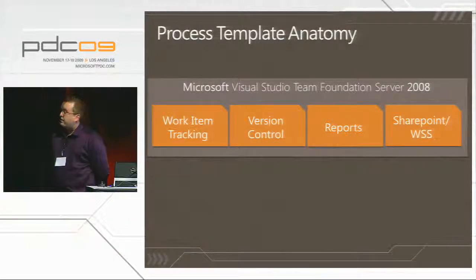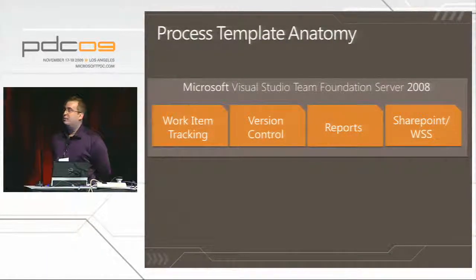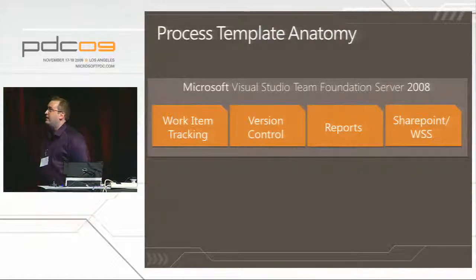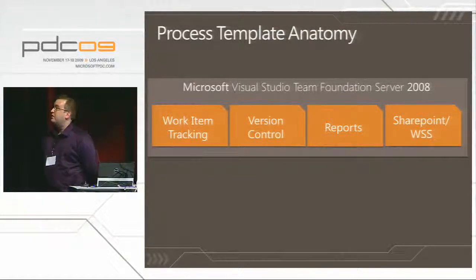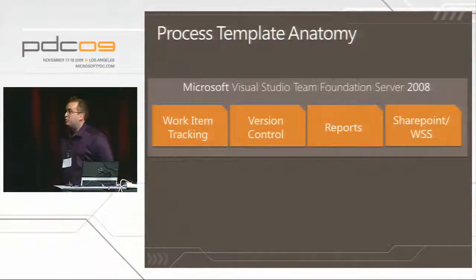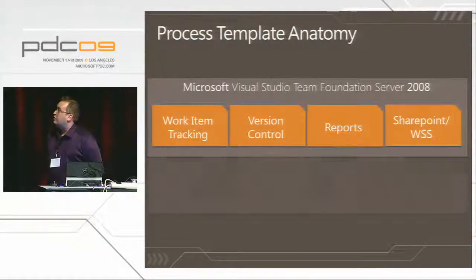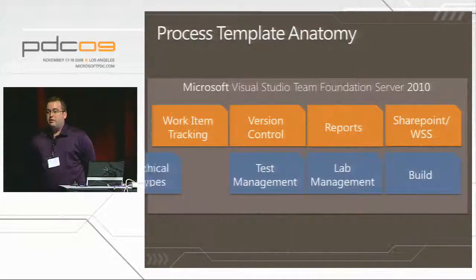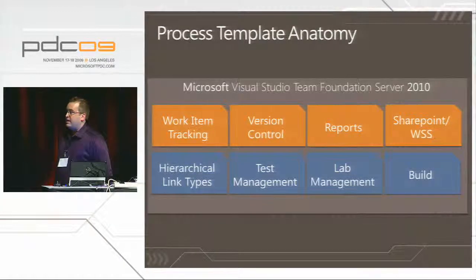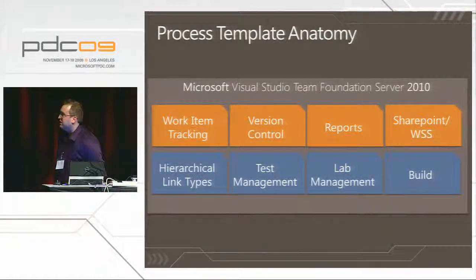In 2008, those of you customizing process templates in 2008 will be familiar with the innards of a process template, which mainly covers 4 areas: work item tracking, version control, reports, and some information about your portal. In 2010, some extra areas have been added, well, three and a bit really.